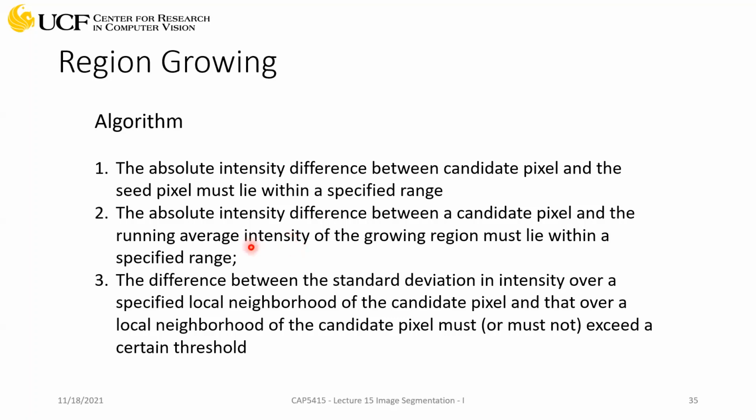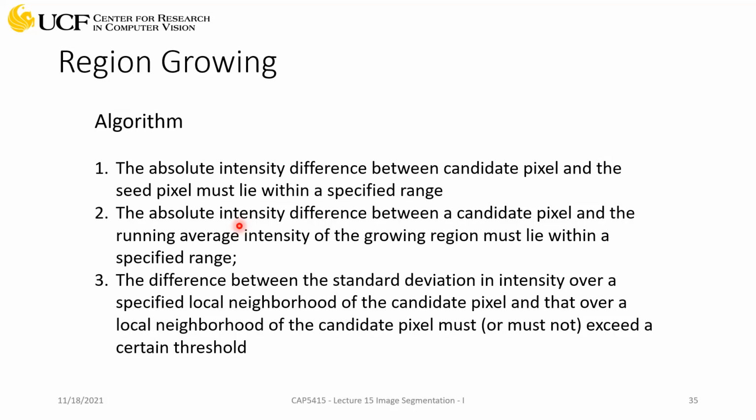So what will happen is if you don't compute the average, then it may happen that, for example, you have an image with 100 pixels, and each pixel is one number from 0 to 100. So it could be 0, 1, 2, 3, 4, continuous numbers. And let's say I started with the number 0, and my threshold is 2.